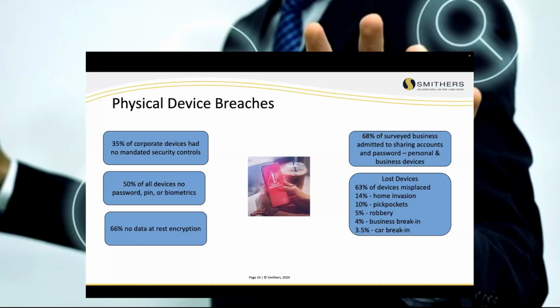About 14% are from home invasions, 4% from business break-ins. Not surprising, a home invasion, that smash and grab, they go in, they grab computers, tablets, cell phones. Pickpockets, about 10%. The pickpocket number has been slowly sliding down year after year. Robberies account for about 5% and car break-ins for about 3.5%.